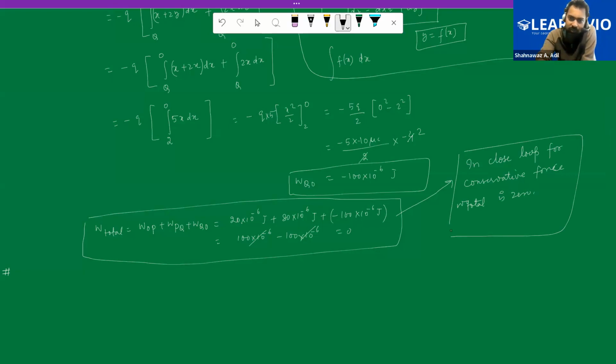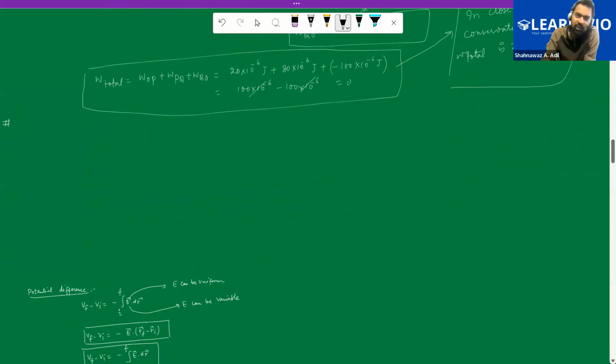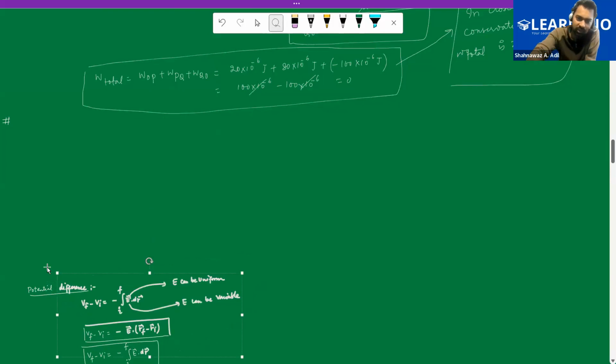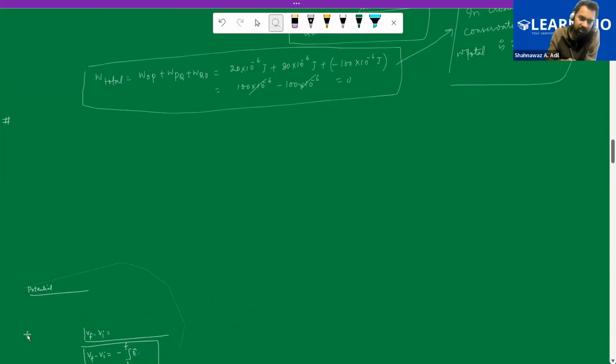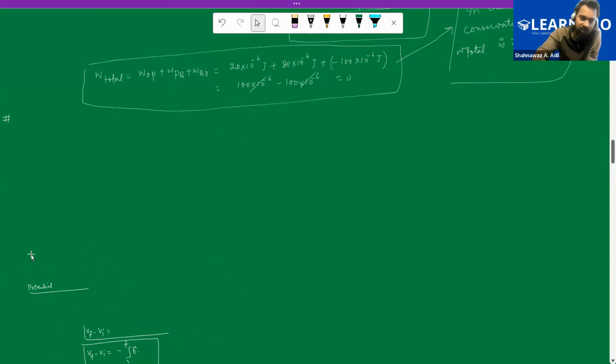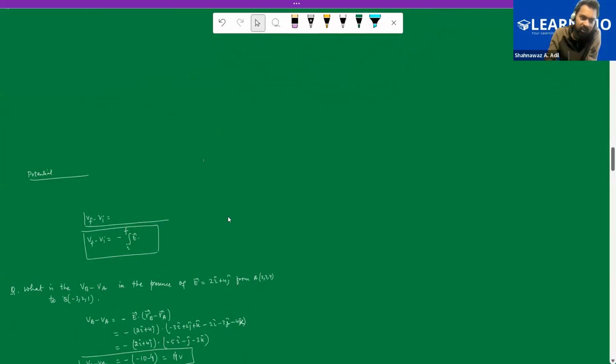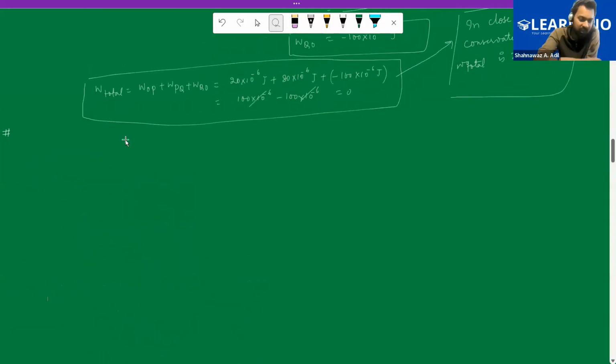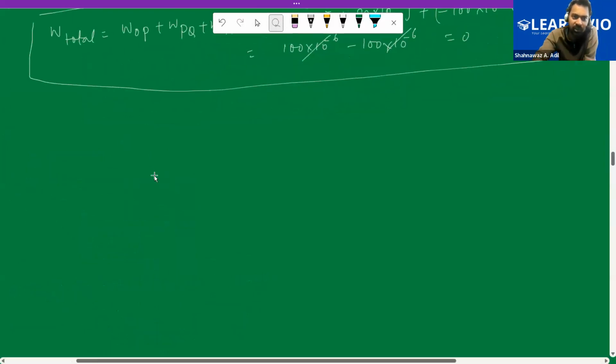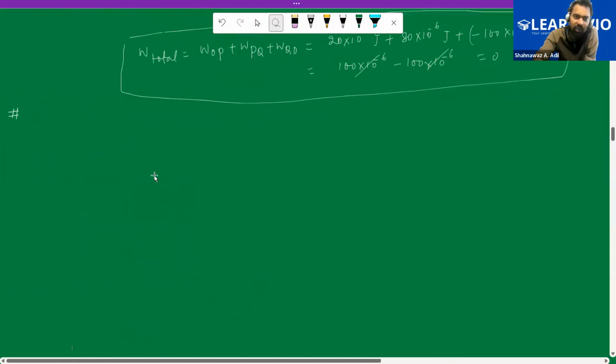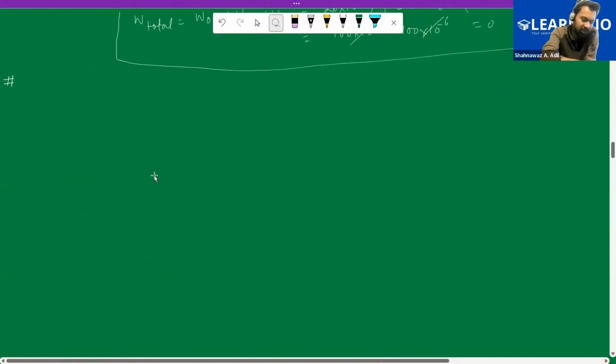Okay, so the next thing that we are going to write, I will just erase this one because this is the next thing that we're doing. First let us understand what is the difference between potential and potential difference.